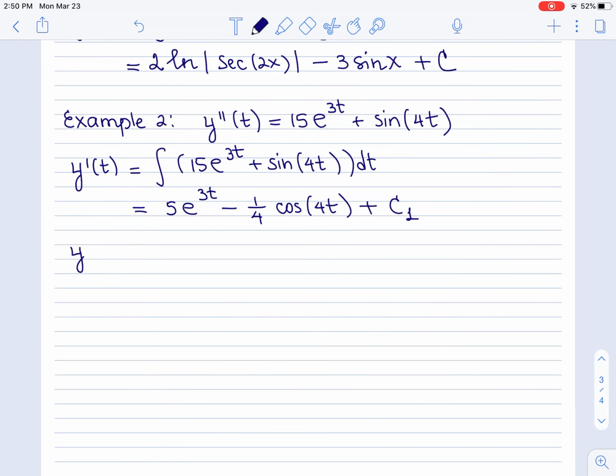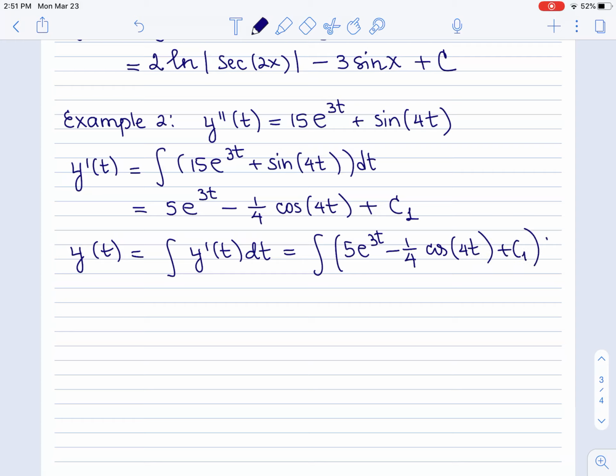Okay, so then y of t is the integral of y prime of t, right? So this would be the integral of this expression 5e to the 3t minus 1/4 cosine of 4t plus c1.